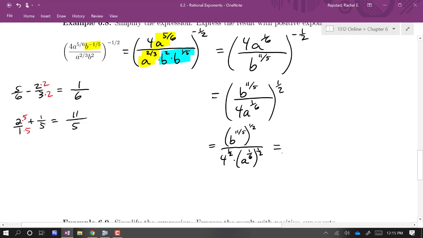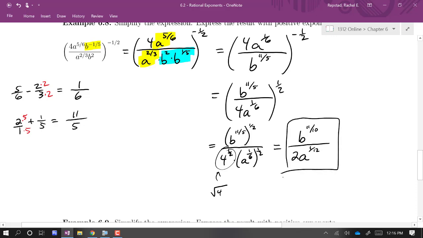Okay, so let's see. Raising a power to a power means I can multiply: 11/5 times 1/2 is 11/10. On the bottom, 4 to the 1/2, that's the square root of 4, so that's 2. And 1/6 times 1/2 is 1/12, so we have a to the 1/12. And that is our final result.